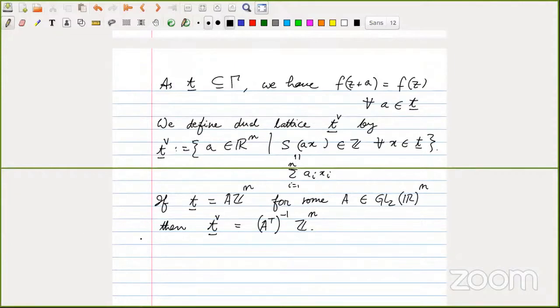Now I'm going to talk about the Fourier expansion, and for this I need one more open subset inside R^n.